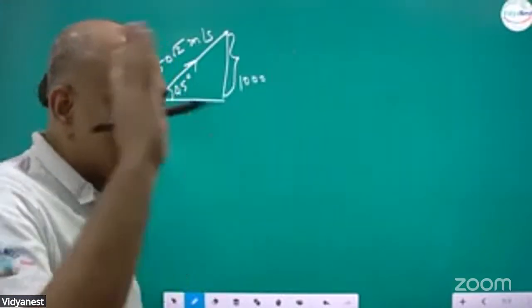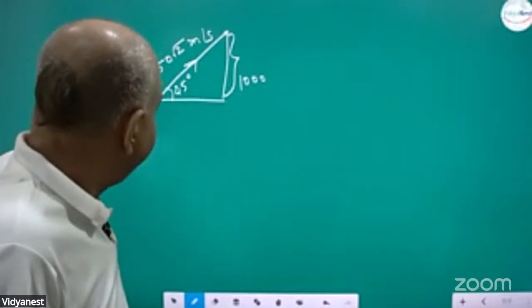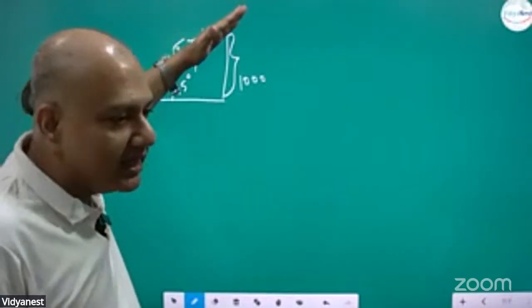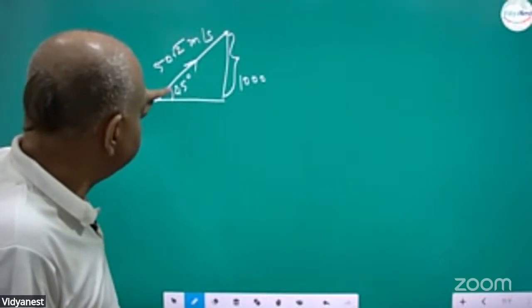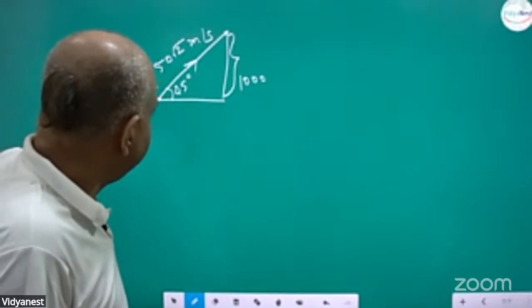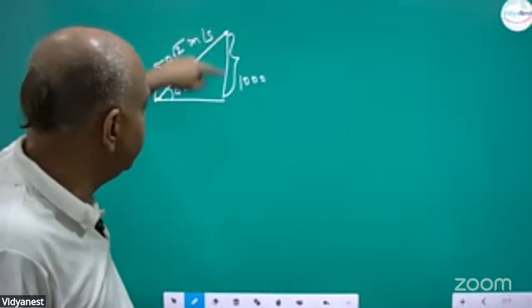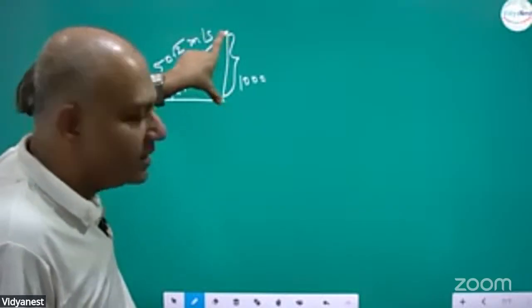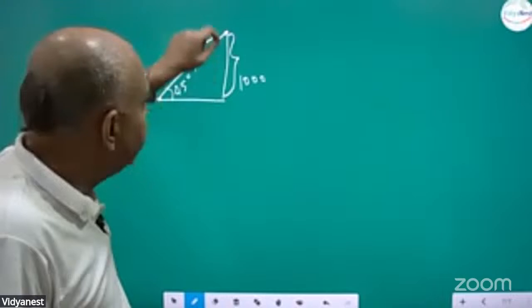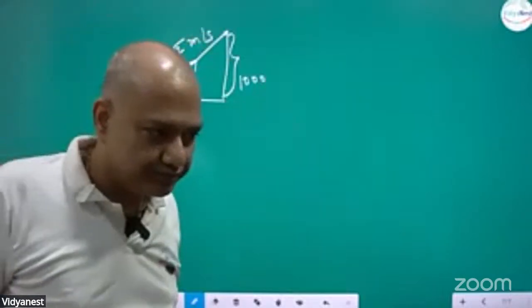Just like India Pakistan is fighting. A fighter plane is moving, making angle 45 degree with the vertical and horizontal both, and it has a speed 50 root 2 meter per second. When it is vertically at 1000 meter, it releases a bomb.